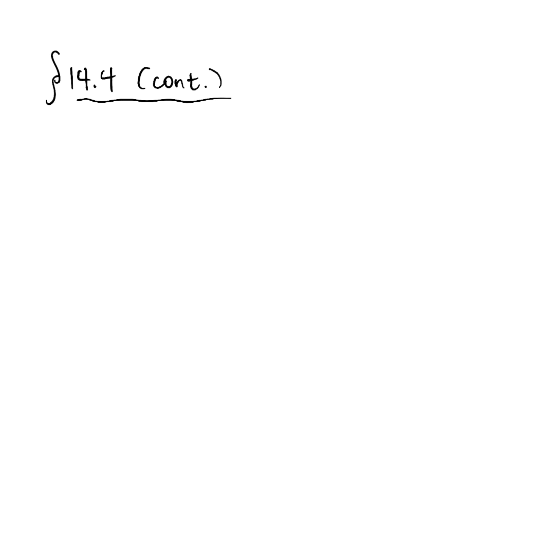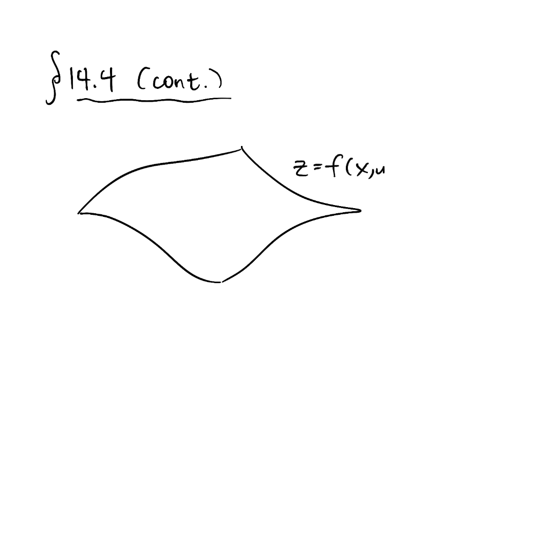So I wanted to draw a picture and talk about the connection between the branch diagram and what's really happening on the picture. So imagine a surface like this. It's our classic flying carpet. That is z equals f of x, y.